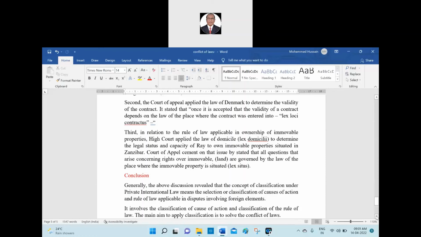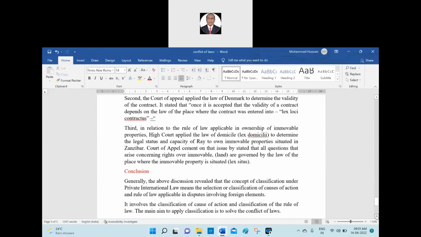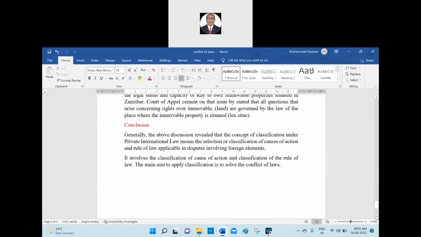The Court of Appeal commented on that issue by stating that all questions that arise concerning rights over immovable property are governed by the law of the place where the immovable property is situated, that is the lex situs.